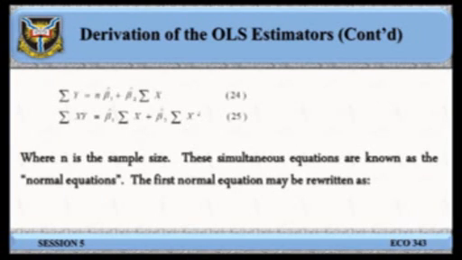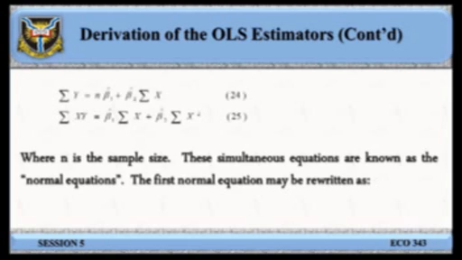That is, summation y is equal to n beta 1 estimator plus beta 2 estimator summation x, equation 24. Beta 1 estimator summation x plus beta 2 estimator summation x squared, equation 25, where n is the sample size. These simultaneous equations are known as the normal equations.